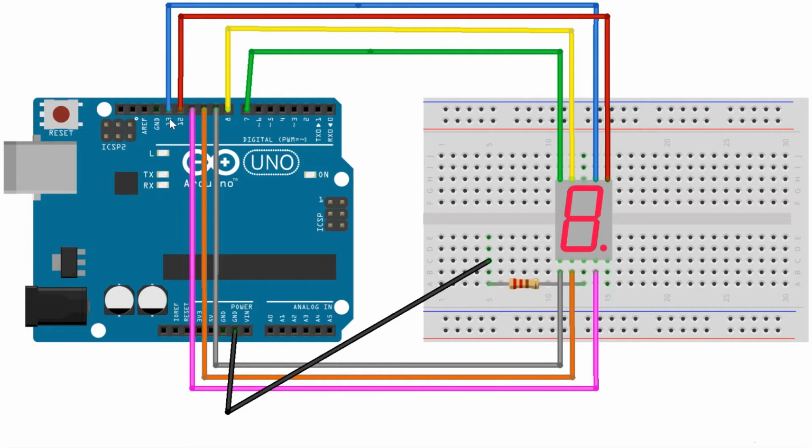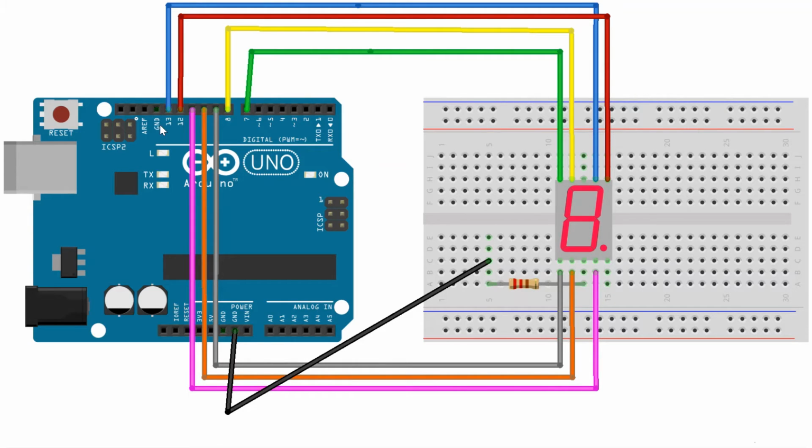The 13th pin will be connected to A, the 12th pin is connected to B. So this is A, B, C, D, E, F, and G. The 7th pin is connected to G.